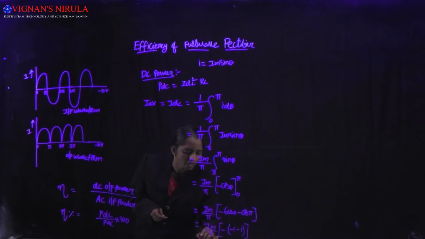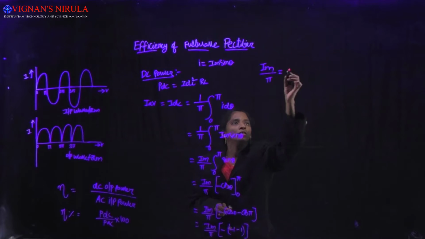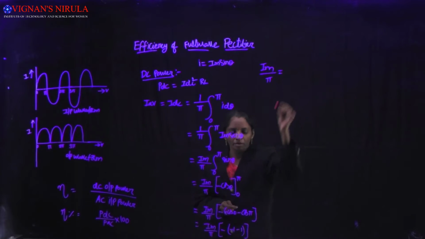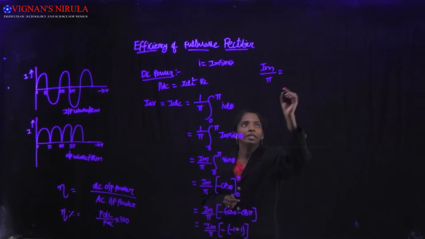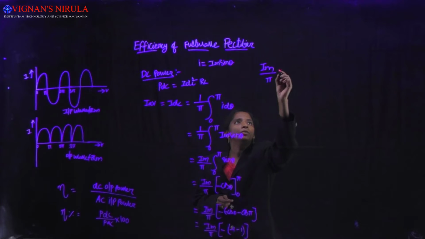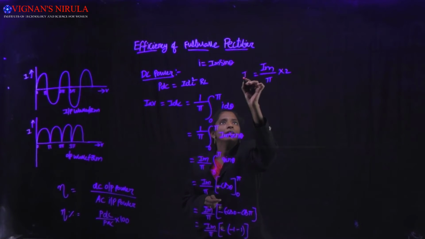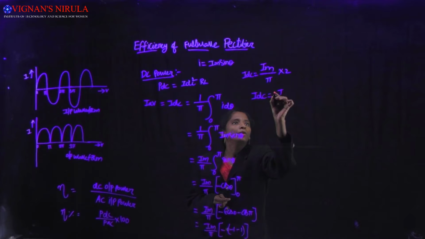From this we are getting Im by pi into 2. So this is the IDC. IDC equal to 2 Im by pi.